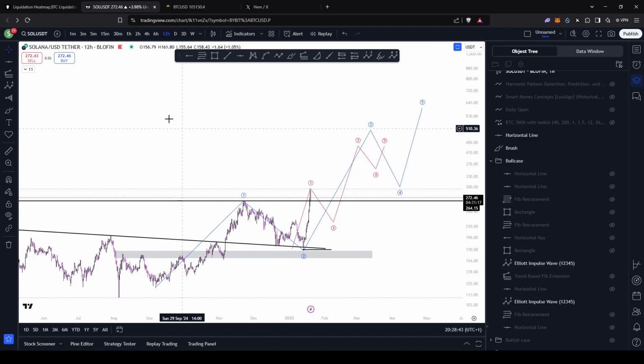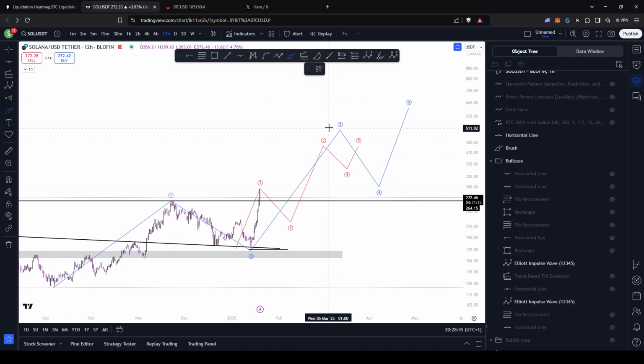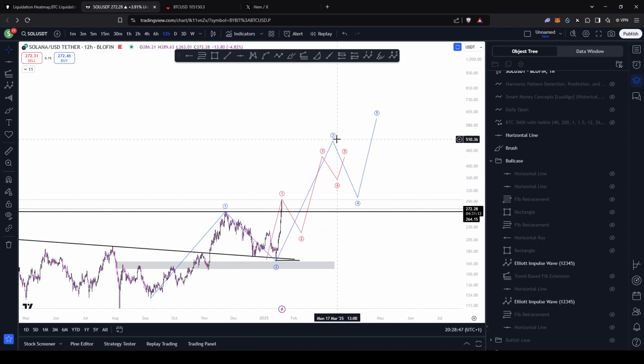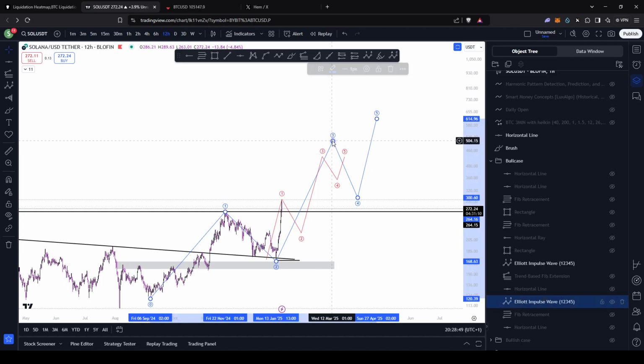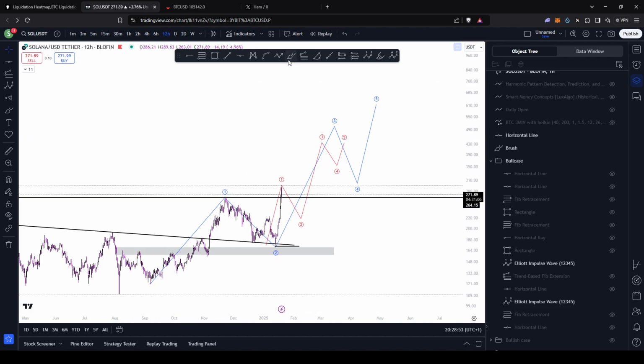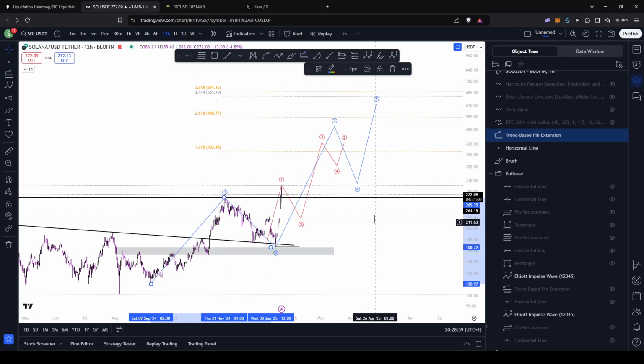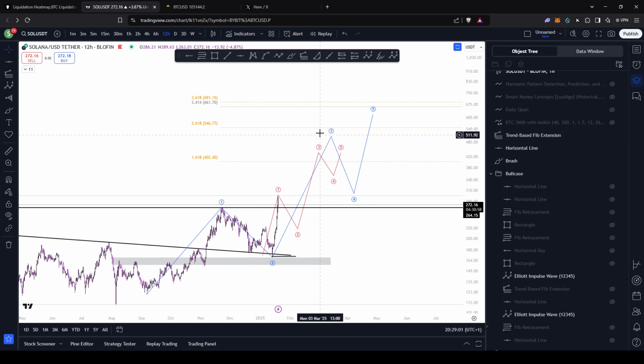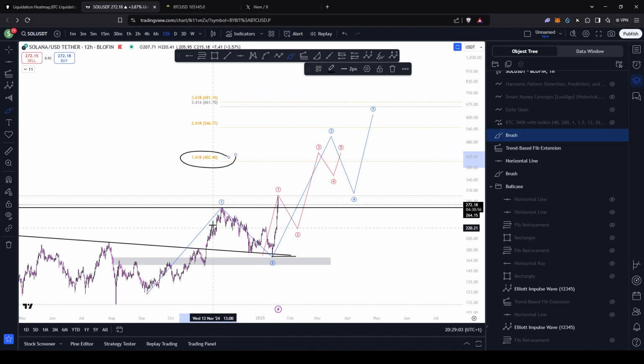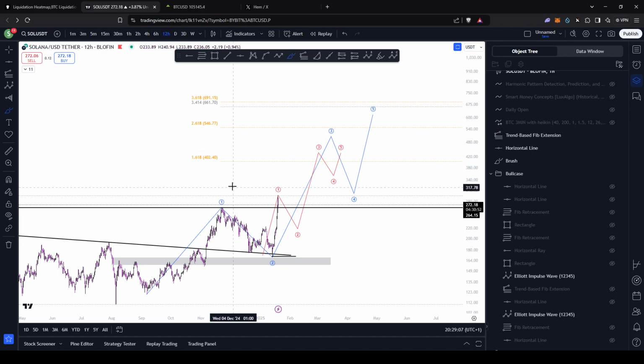But let's just look at this. So this wave 3, common target is around $400. We can use some fib extensions for that, from the lows to the highs, back to the lows. And you have your common target 1.618. It's at $400. Common target for wave 3 is going to be that.